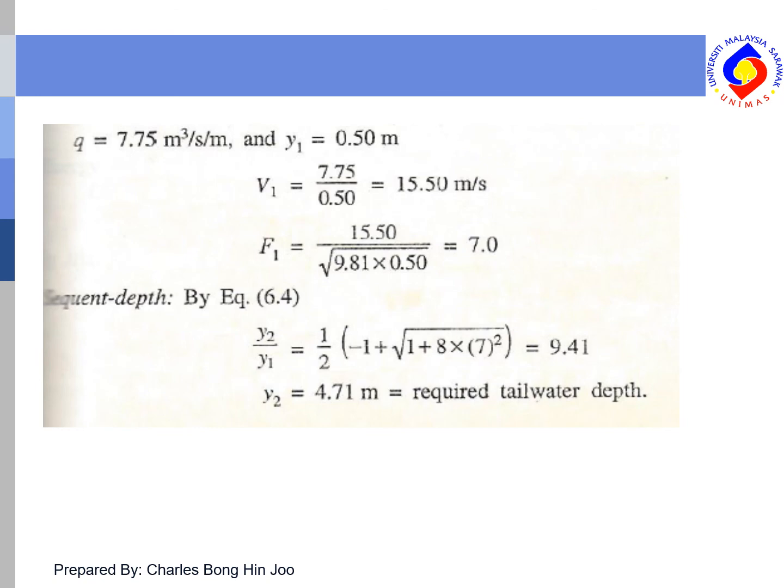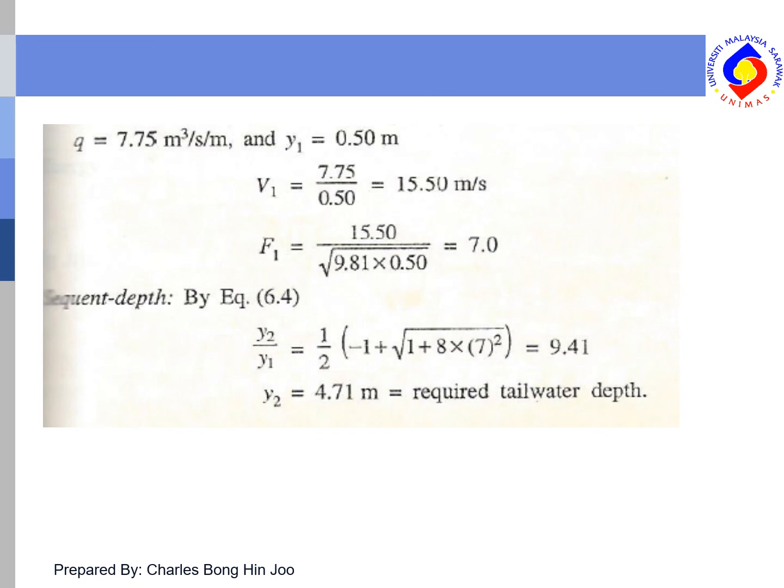To find the sequent depth, that means the depth after the jump, we use the equation that you have seen in the previous slides, where y2, which is the sequent depth, divided by y1, which is the initial depth, equals 1 over 2 in the bracket, minus 1 plus square root of 1 plus 8 multiplied by the Froude number squared.